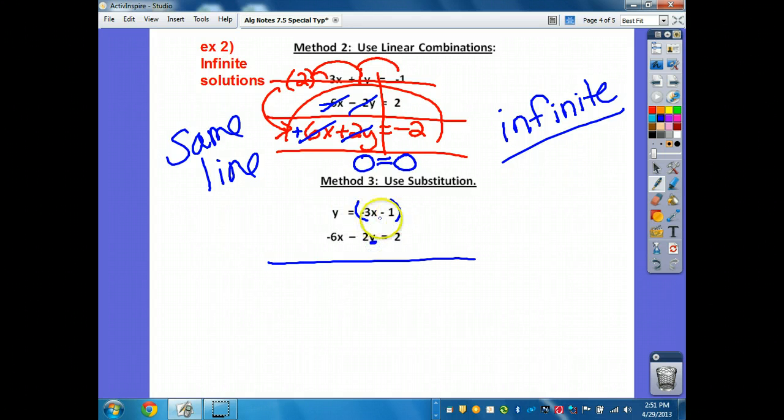Negative 3x plus y. Right, and don't forget your parentheses in case you have to do the distributive property like we do here. So, negative 6x, I just brought that down, minus 2, brought that down, times y, which is now negative 3x minus 1, and then that equals 2 still.